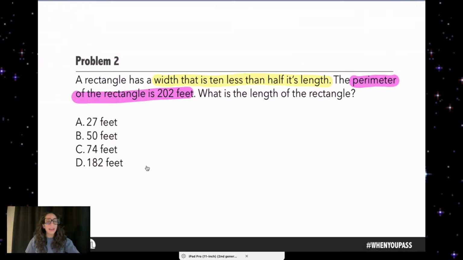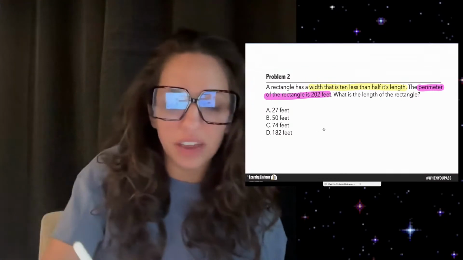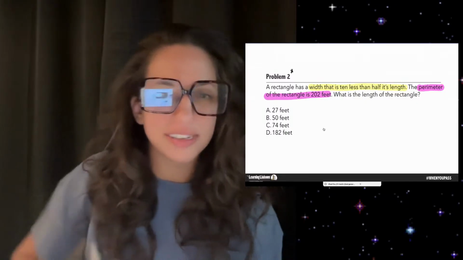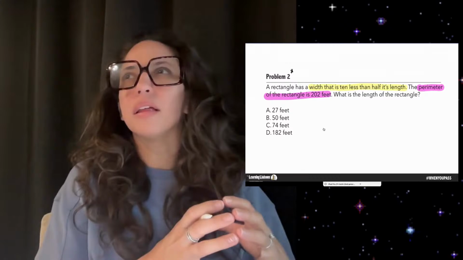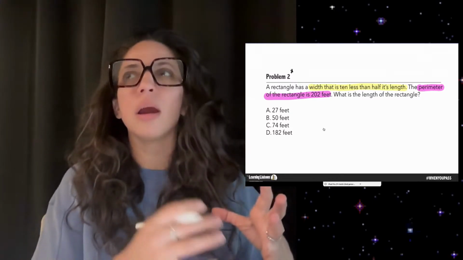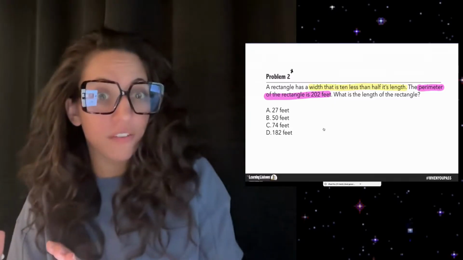So I've gone ahead and highlighted some of the critical information that they've provided to us. So we know that the width, W, is 10 less than half the length. This problem is really combining a lot of different stuff. In fact, I could probably put a little asterisk here because it's combining number and operations and our ability to translate words into algebraic functions.